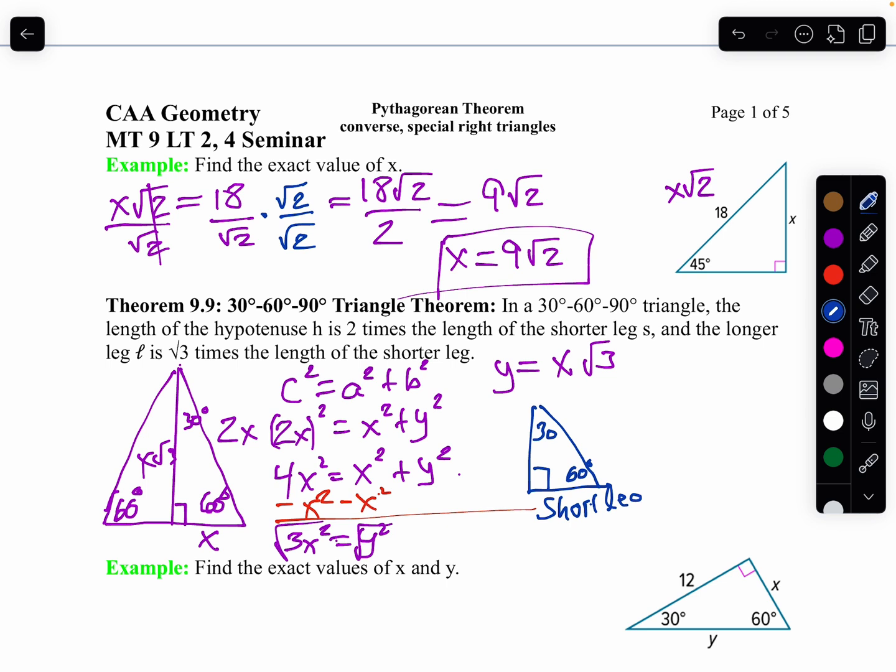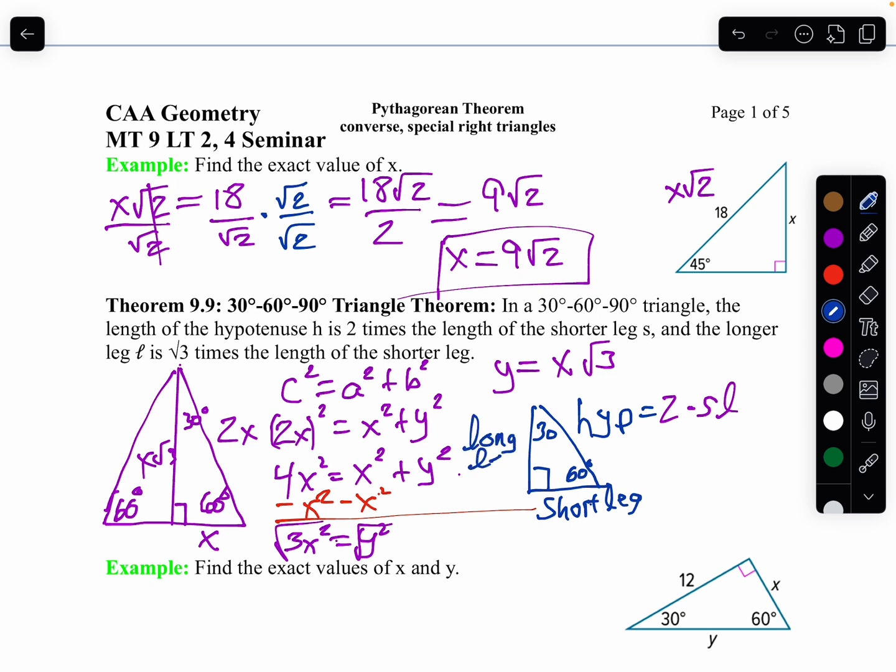Everything I do is defined in terms of my short leg. My hypotenuse is going to be 2 times my short leg. And then over here, my 60-degree angle is my long leg.